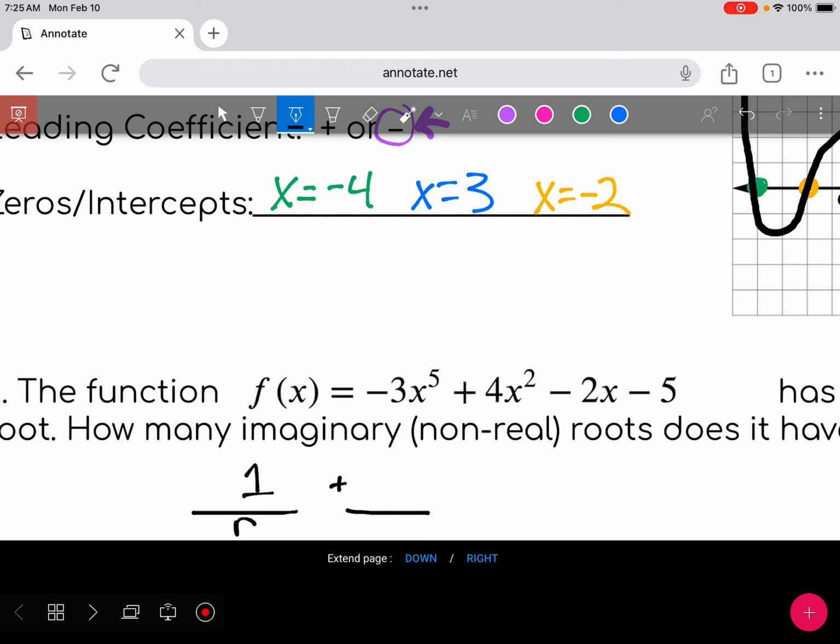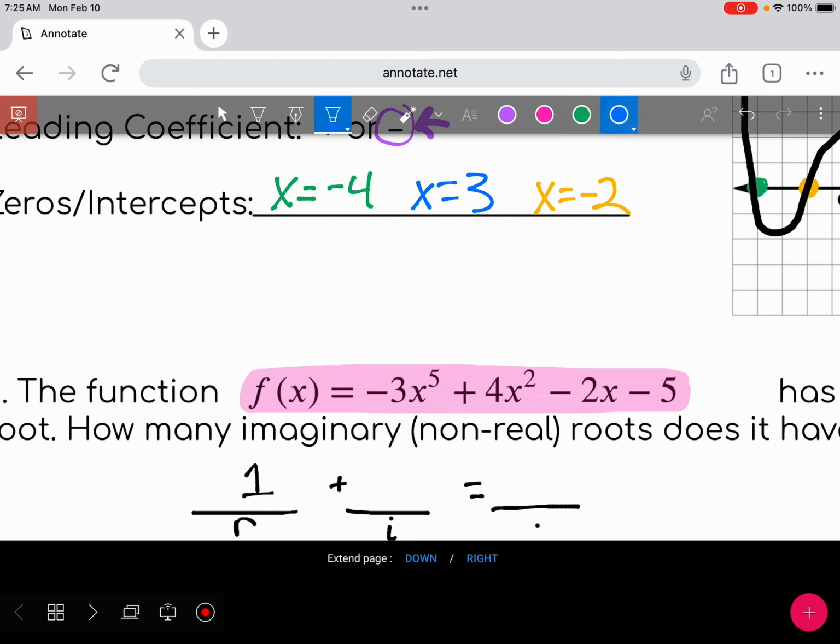The real roots plus the imaginary roots are going to add up to be what? How many roots in total is this going to have? This guy in total is going to have 5 roots.